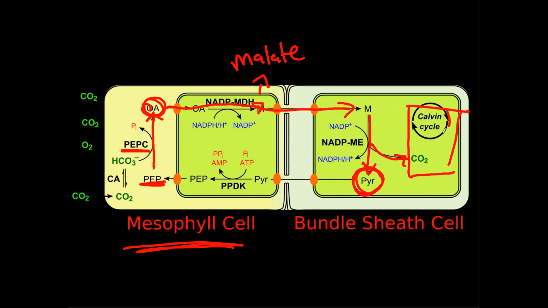So essentially this is a way of concentrating CO2 in the bundle sheath cells and doing our work of actual initial fixation of the carbon dioxide with Pep-C out here, where oxygen is going to be higher and CO2 is going to be lower.